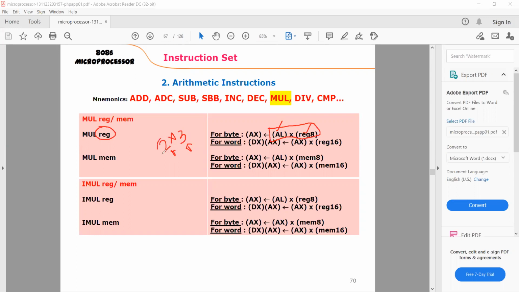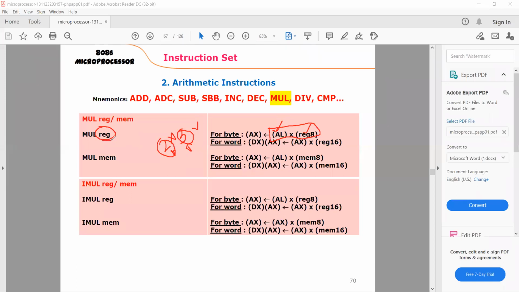Always the multiplicand will be present in the AX register, that means the accumulator register. That is what you have to understand. We are only specifying the location of the multiplier using this operand in the instruction.